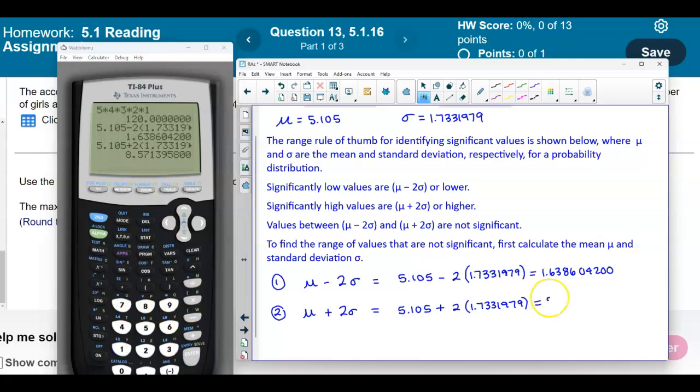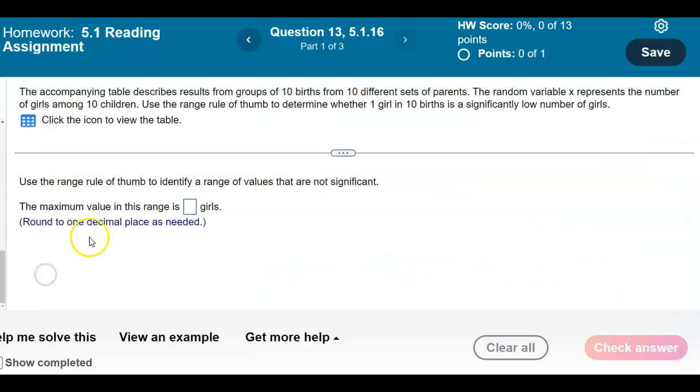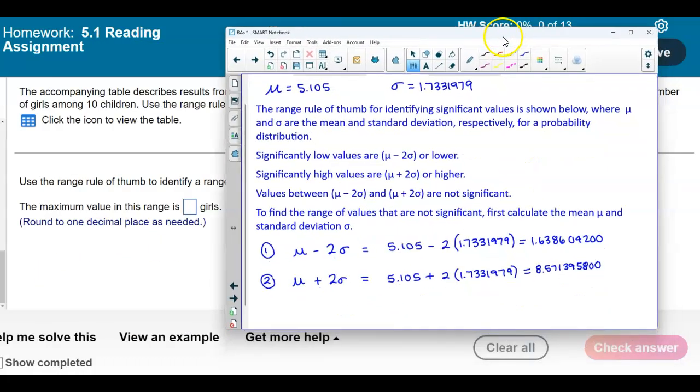We get 8.5713958. Okay, now in the problem they want us to round it to 1 decimal place. So let's go ahead and do that.